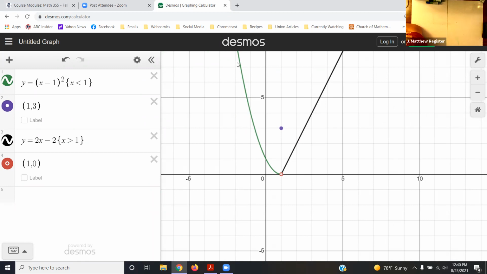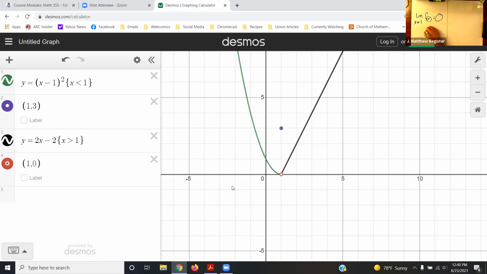As we look at this, the limit as we are coming from the left is going to be equal to 0. The limit as you are coming from the right is going to be equal to 0. And that tells us that the limit is 0. And so in this case, the limit as x goes to 1 of this function is equal to 0.